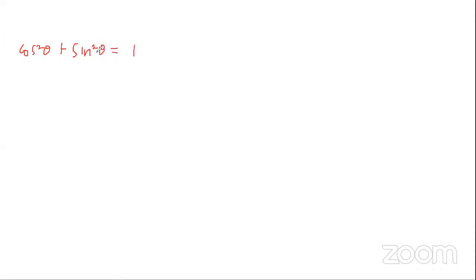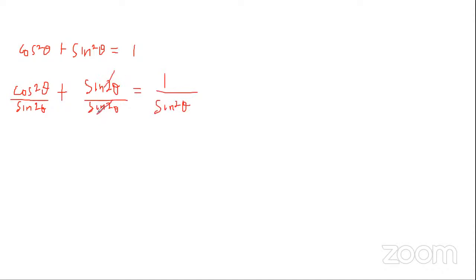When we divide now by sine squared theta, we shall have cos squared theta divided by sine squared theta, then plus sine squared theta divided by sine squared theta, and this will be equal to 1 divided by sine squared theta.